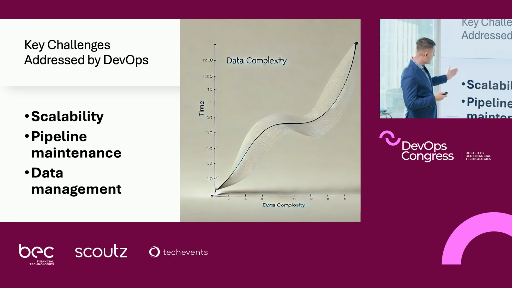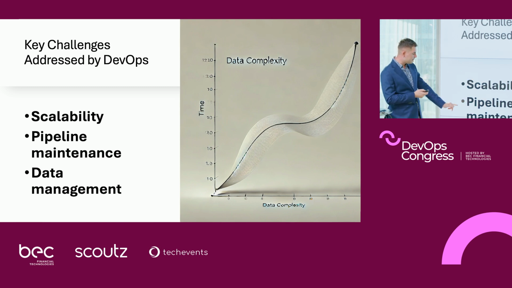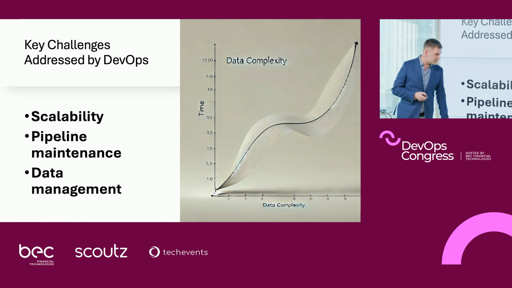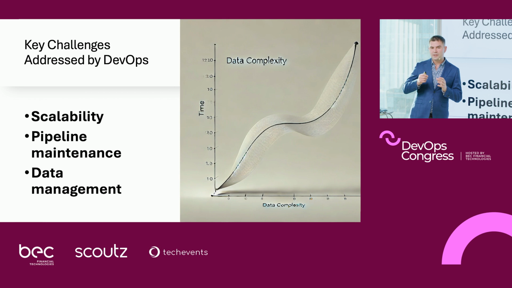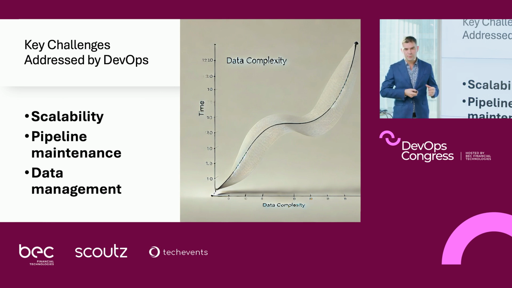Key challenges, as I said: scalability, pipeline maintenance, and data management. Data management is really important, because we need to do something like data quality, because as in the development world we have unit tests, in the data world we also have unit tests. This is data quality.